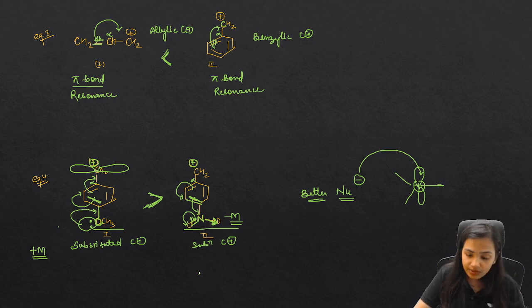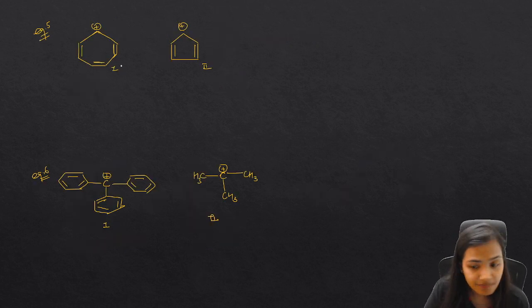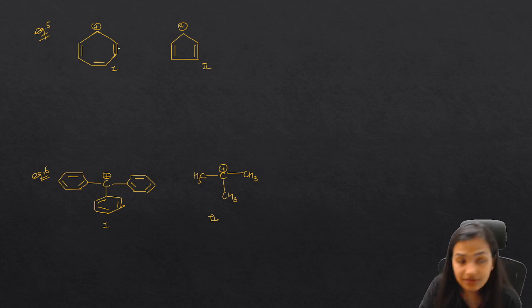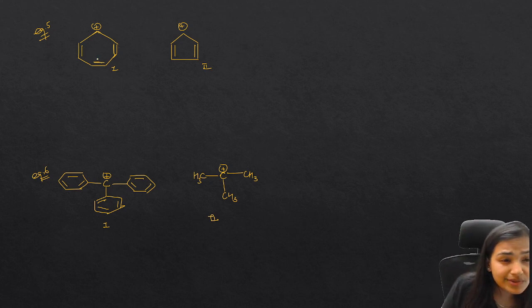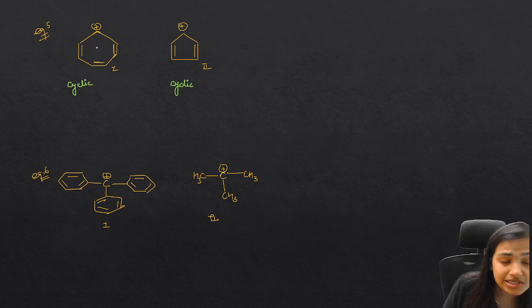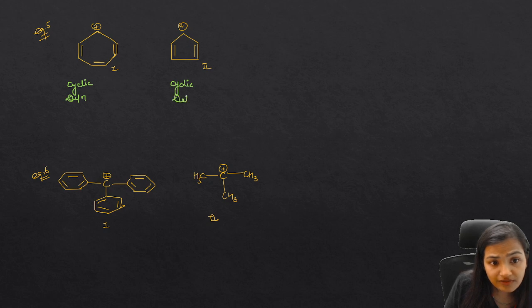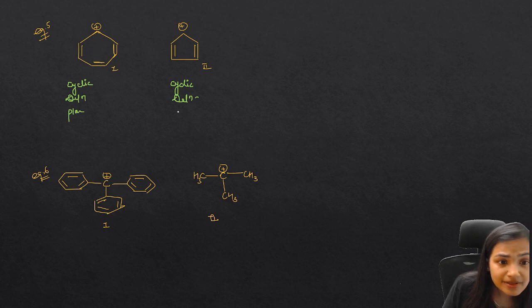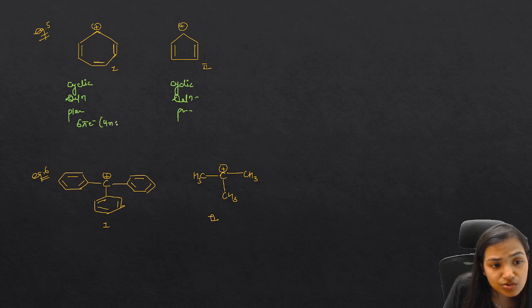Now let's go with example number 5. If you figure out this example, what you can see in between the two is that both are closed cyclic rings, and the carbocations are a part of that ring. Here there is a delocalization, and there also we have a delocalization. There is also planarity, but here the number of pi electrons is 6, so the 4n plus 2 rule is obeyed.